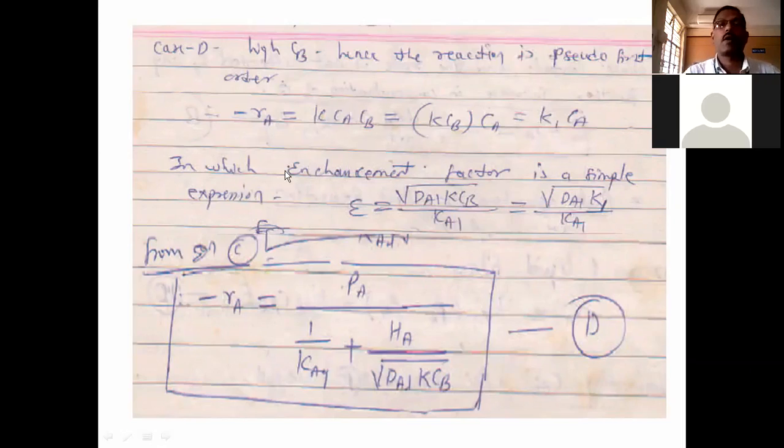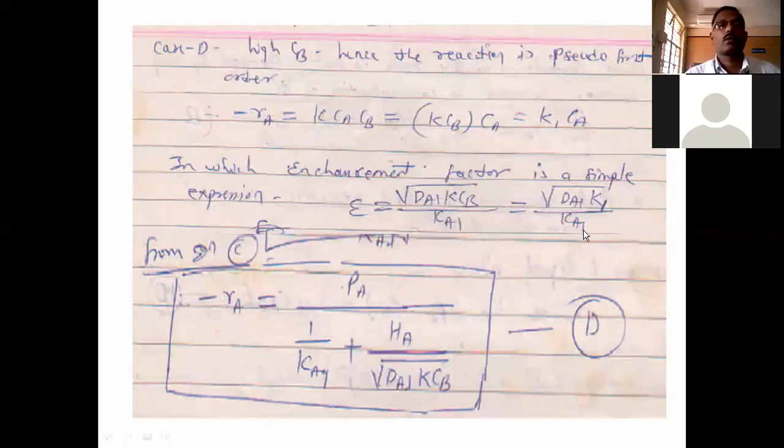So what is the enhancement factor? The simple expression is E is equal to the root of DAL into K into Cb upon KAL. K into Cb means K1, so E is the root of DAL into K1 upon KAL.